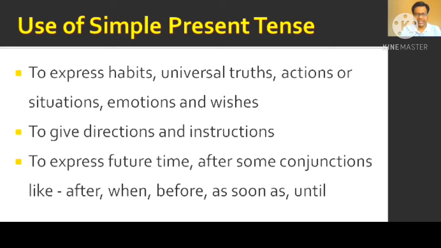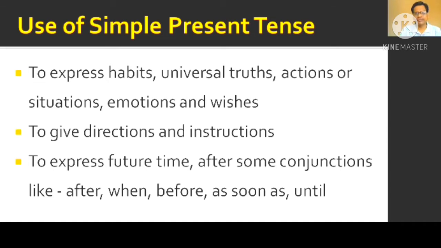You have a continuous aspect, that is progressive aspect, called present continuous tense. You have a perfective aspect called present perfect tense.